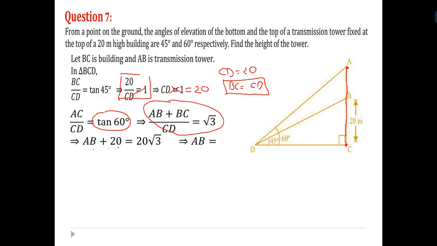So AB plus 20 upon CD, and CD value is 20. So AB plus BC upon 20 is equal to root 3. So AB plus 20 is equal to 20 root 3.